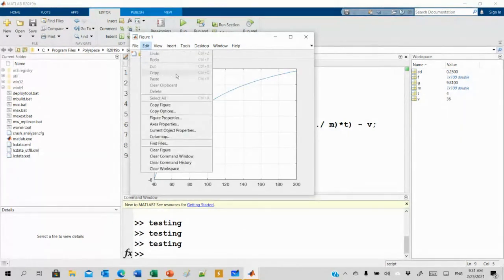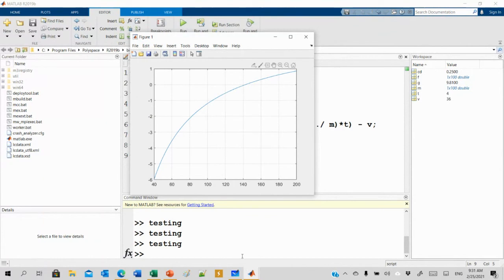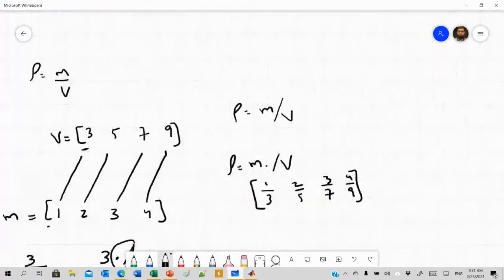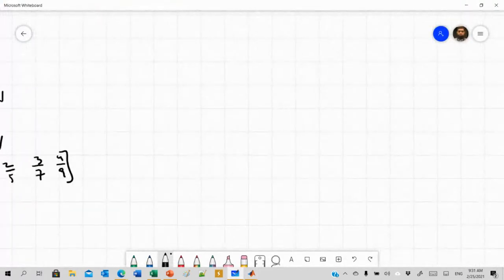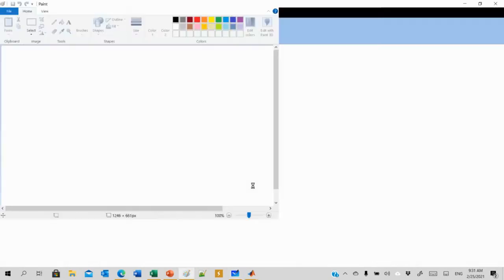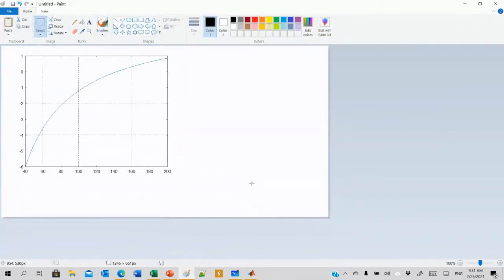I can copy the figure and paste it here.